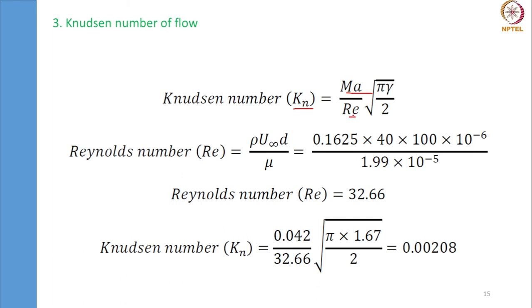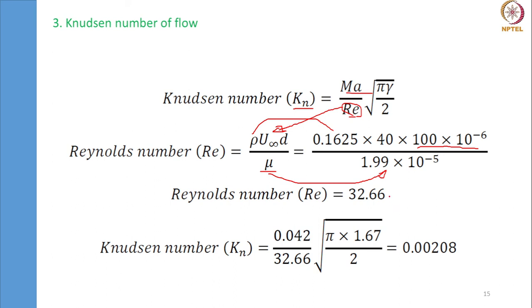So we know the Reynolds number formula, rho into U infinity into hydraulic diameter by dynamic viscosity. So we plug in the values of rho, U infinity, the hydraulic diameter and the dynamic viscosity that are given. So we get a Reynolds number of 32.66.